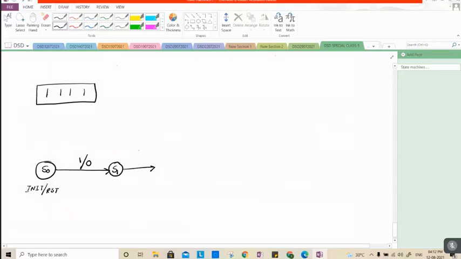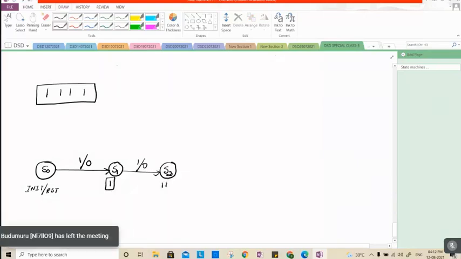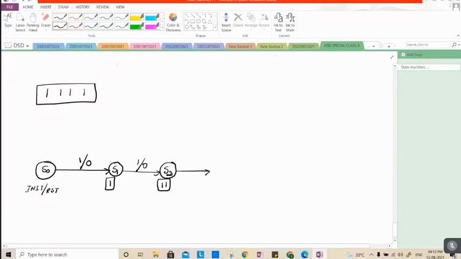From S1, whenever the input is equal to 1, the next state will be S2. S1 is a state which has detected 1. S2 is a state which has detected 1, 1. From here we move on to S3, where S3 is a state which has detected 111.